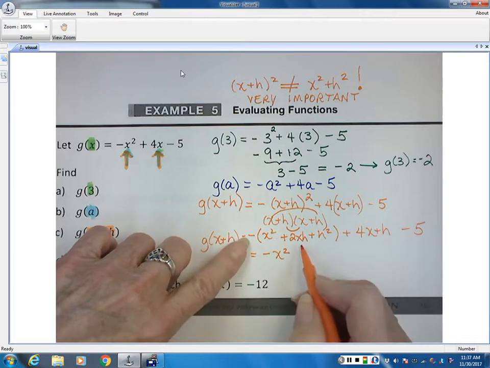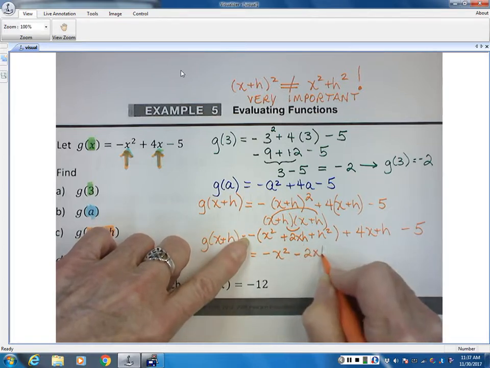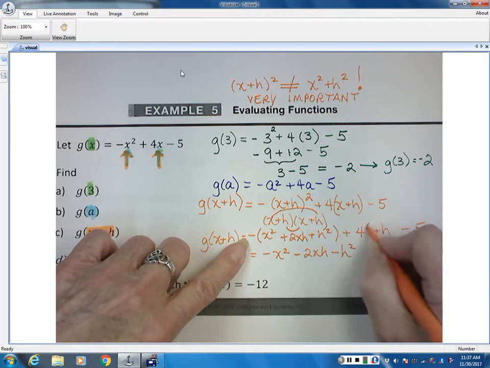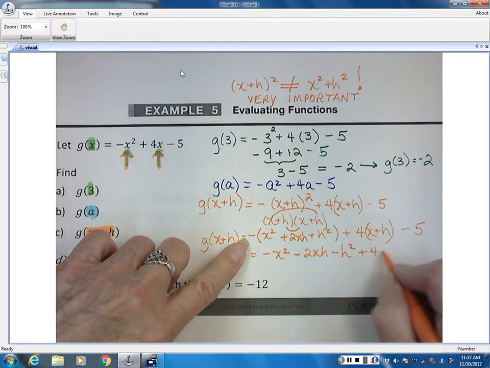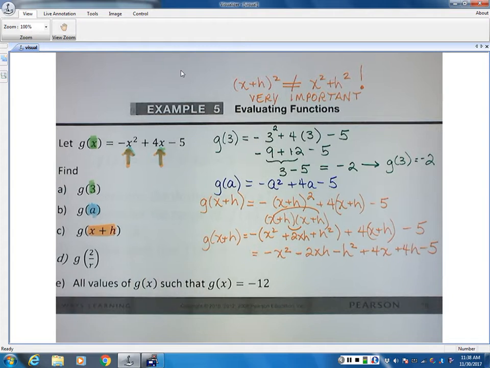And the opposite of 2xh, which is negative 2xh. And the opposite of h squared, which is subtract h squared. And then 4 times x plus h is 4x, and 4 times h is 4h, minus 5. And you cannot collect any like terms because there aren't any like terms. So you have to write out that whole thing.